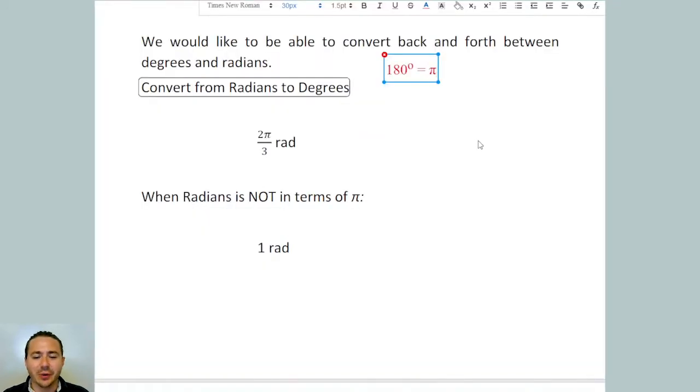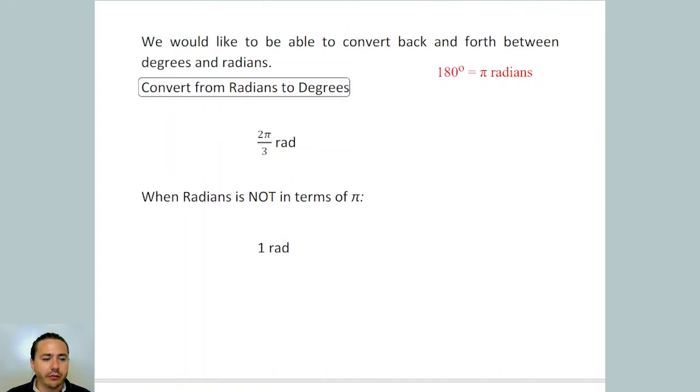All right, so 180 degrees is equal to pi radians, right? That's the conversion you should have memorized. Pi radians is the same as 180 degrees. It's about 3.14 radians. So since we know that to be true, if we're converting from radians to degrees and we see a pi in the radians, which most of the time there will be, we can just take that pi and replace it with 180.